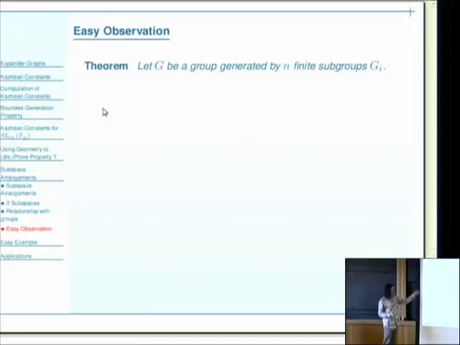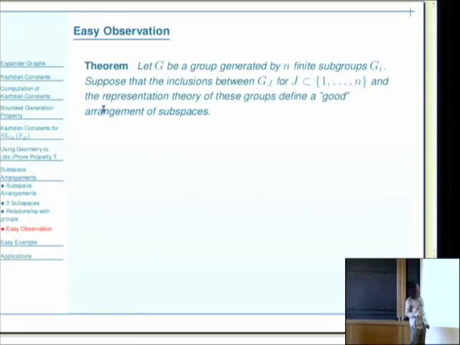And the key fact is that if these conditions define a good arrangement of spaces, where I have a global bound for the angle, this implies that the group has property T. And this is essentially very easy. There is nothing in it. You're just translating one definition to another.